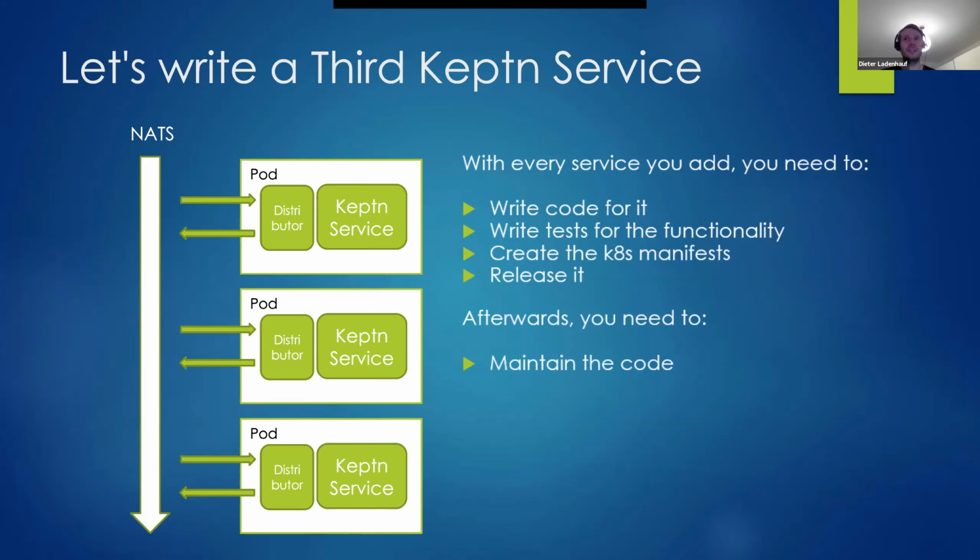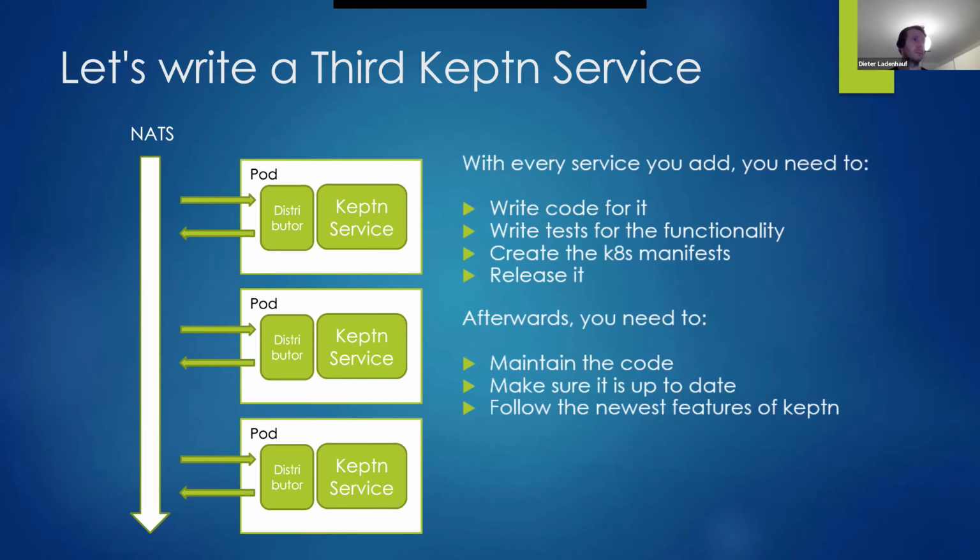Afterwards, it's an open source project, and I guess every one of you knows what comes with that. Namely, maintaining an open source project is a lot of work, and it requires some effort. So you need to maintain the code. You need to make sure it's up to date.